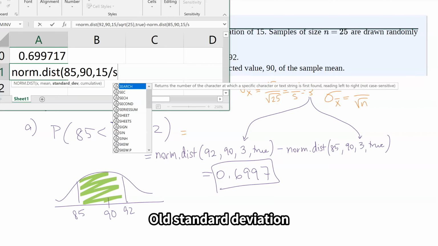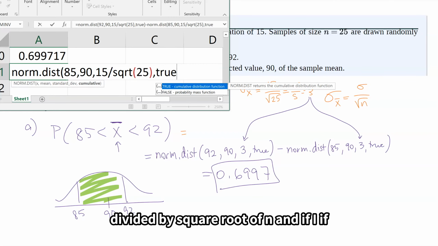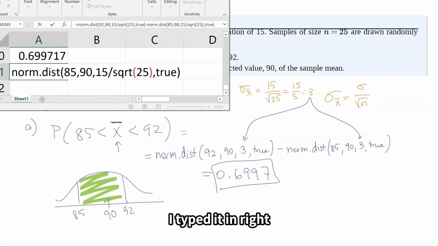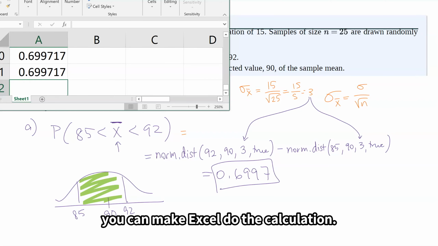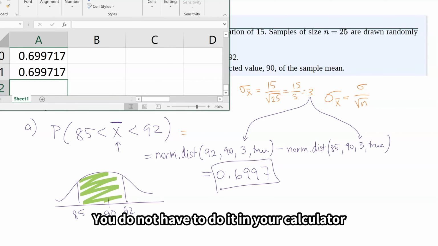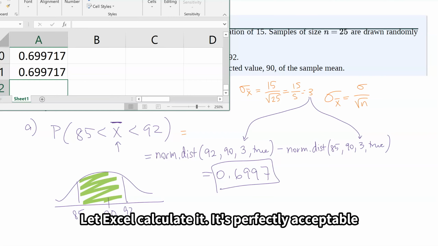Old standard deviation divided by square root of n. And if I typed it in right, we should get exactly the same answer, and we do. So you can make Excel do the calculation. You do not have to do it in your calculator and then type it into Excel. Let Excel calculate it. It's perfectly acceptable.